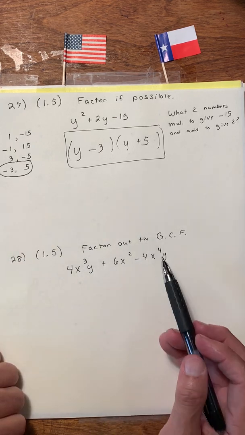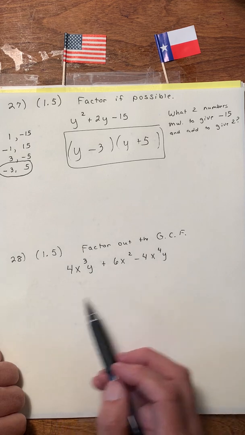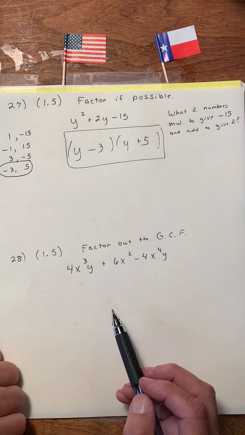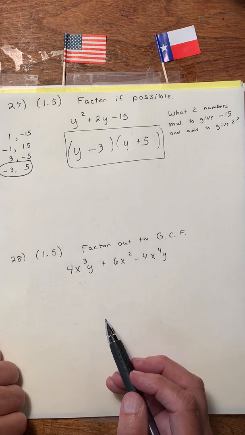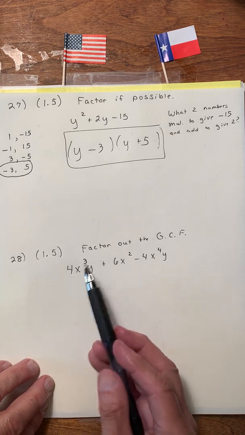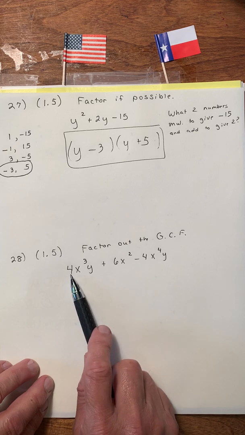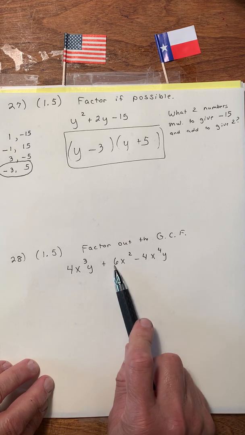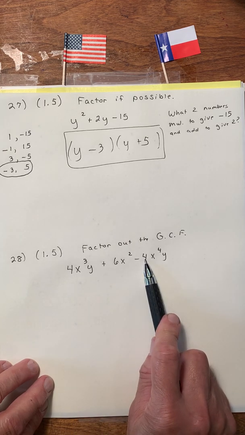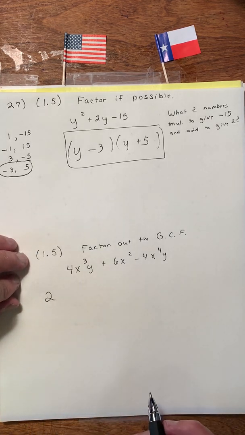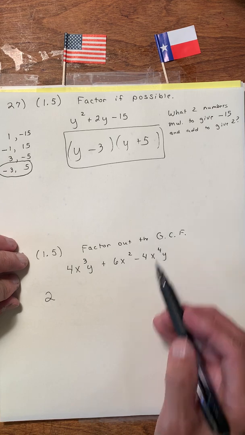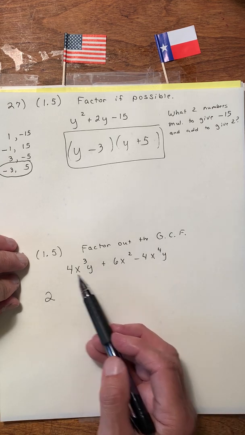So to take out the greatest common factor, I could list these out and find the greatest common factor like we did earlier. Or I could simply ask myself these questions. Number 1, what's the largest number that will divide evenly into 4, 6, and 4? That would be 2. 2 is the greatest number that will divide into 4, 6, and 4.